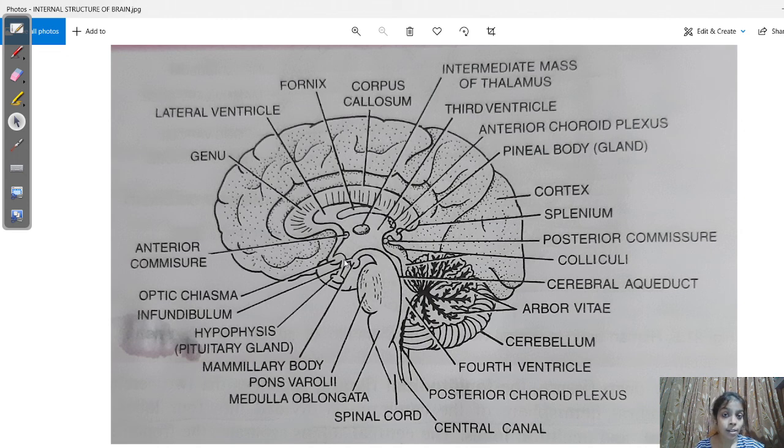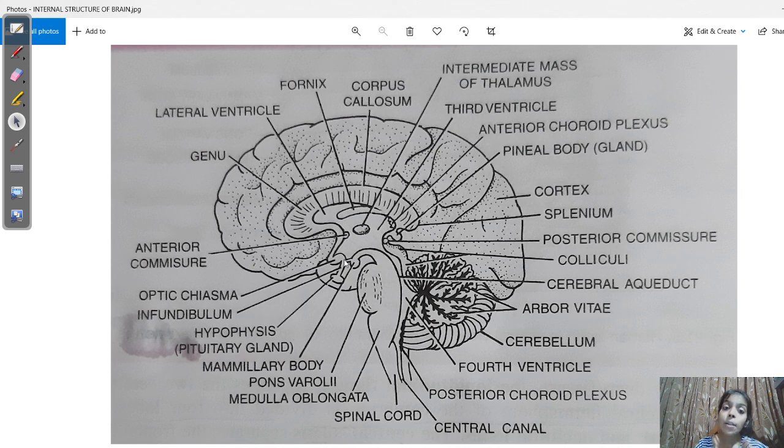Another function is hypothalamus acts as a thermostat in warm-blooded animals. It maintains a constant temperature in the warm-blooded animals, in the homeothermal animals. One more function, hypothalamus controls the sleep patterns, the waking patterns of a human being.